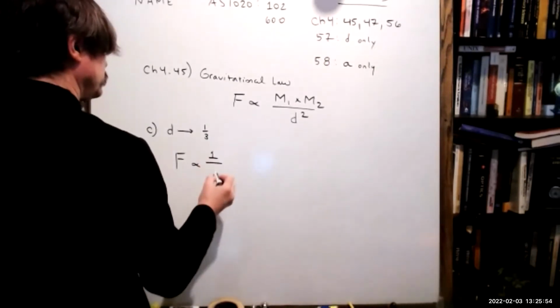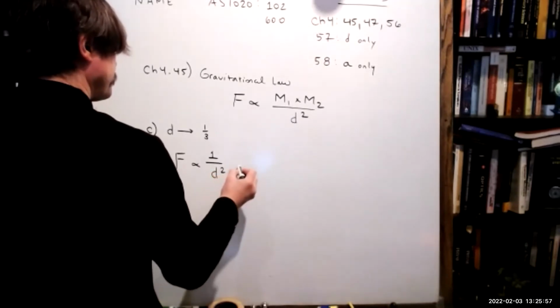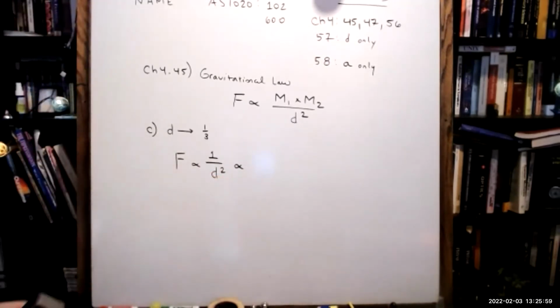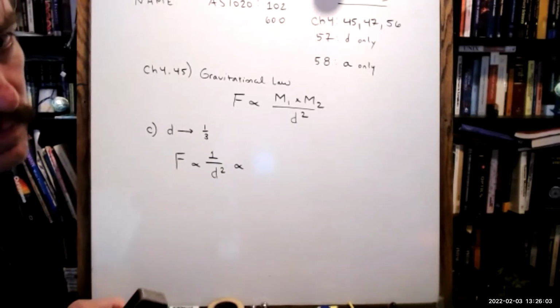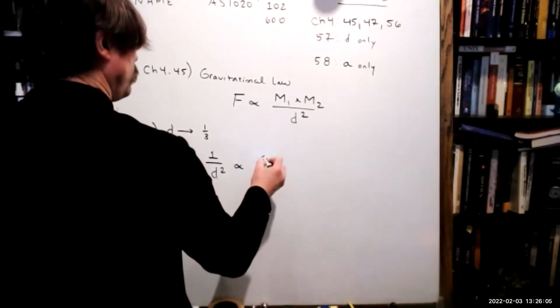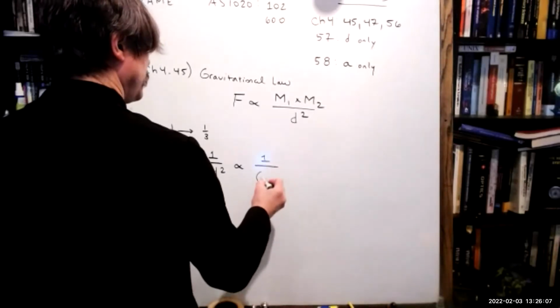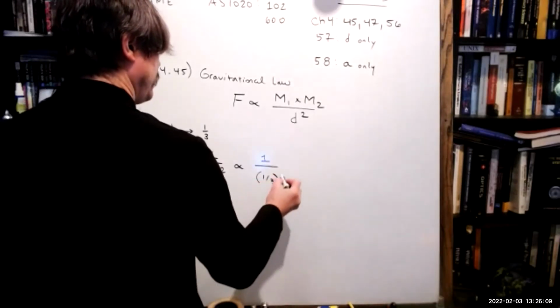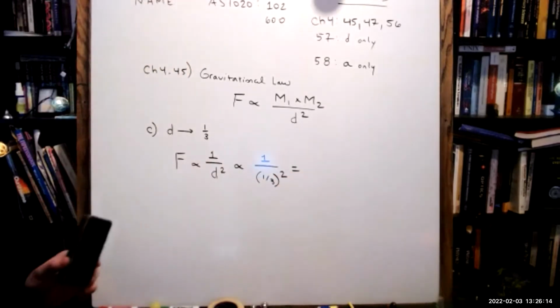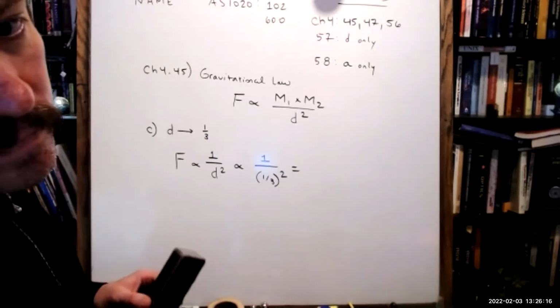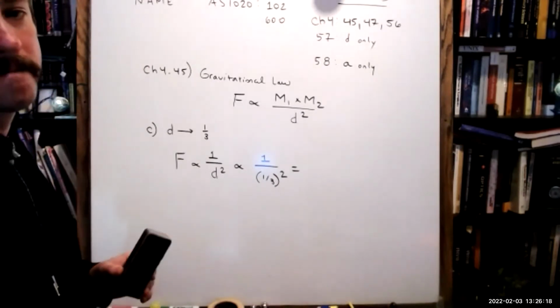Inversely proportional to the square of the distance. And by what factor are we changing our distance? 1/3. So we have to substitute in 1/3 for D. But the 1/3 should be in parentheses because we want to square all of the 1/3. Distribute the square. What do you have?